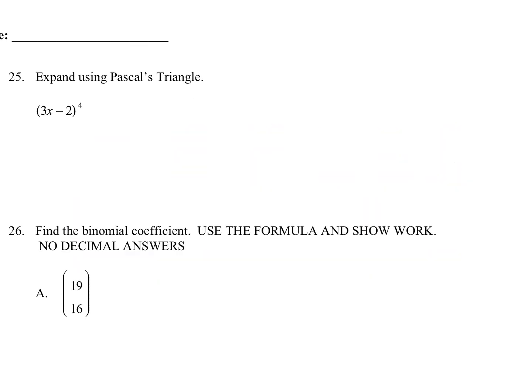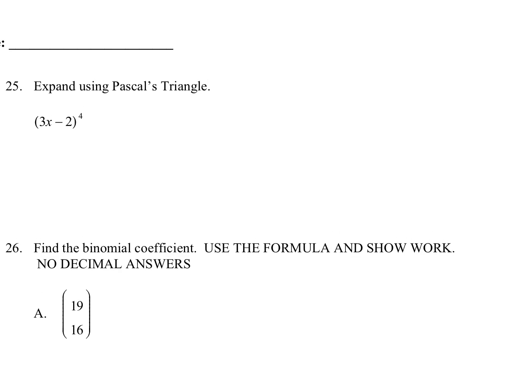For our next one, we have 3x minus 2 to the 4th power, which is number 40 from your review. So we're going to start with doing the 3x to the 4th, 3x to the 3rd, 3x to the 2nd, 3x to the 1st, and 3x to the power of 0.